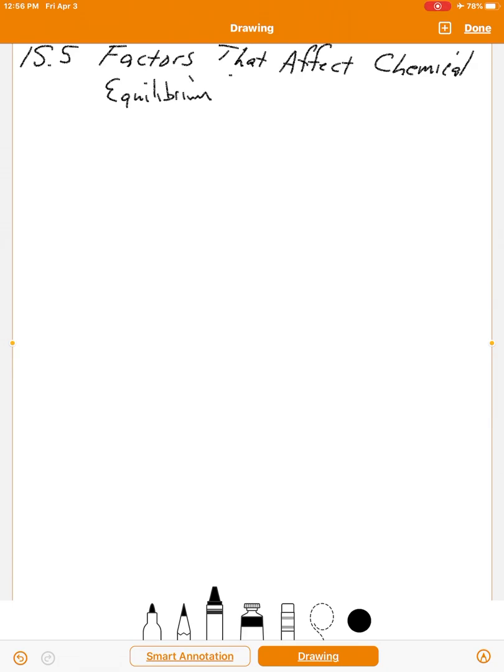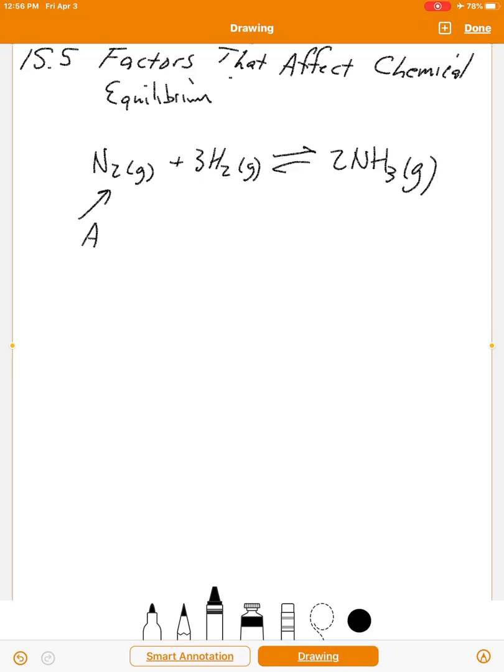So let me show you the equation again for the Haber process. So the result of this is that if you add either of these, actually either of them or both, this will increase.